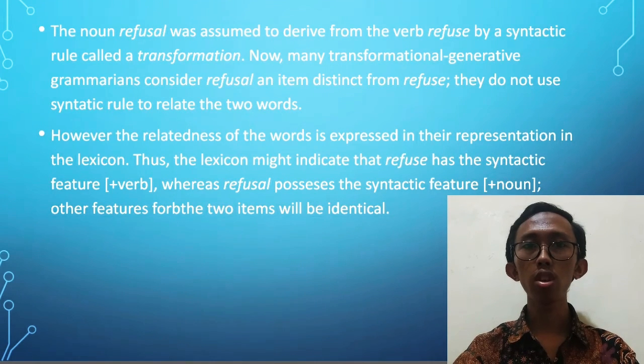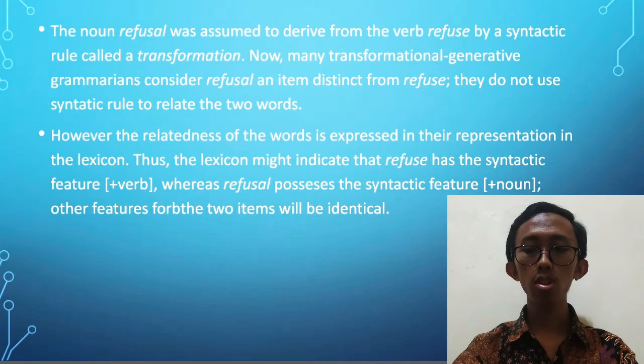They do not use a syntactic rule to relate the two words. However, the relatedness of the words is expressed in their representation in the lexicon. Thus, the lexicon might indicate that refuse has the syntactic feature plus verb, whereas refusal possesses the syntactic feature plus noun. Other features for the two items will be identical.